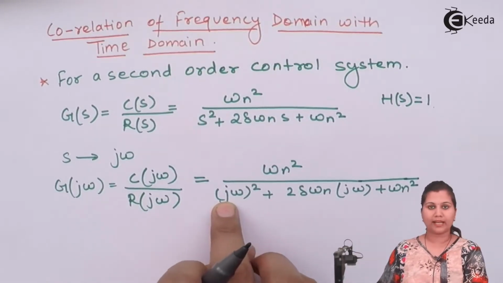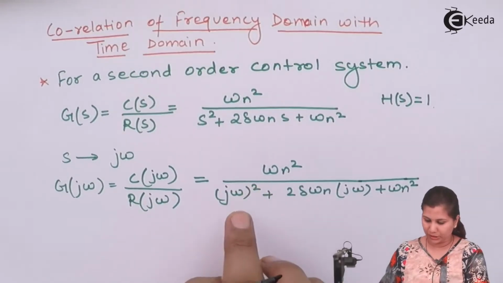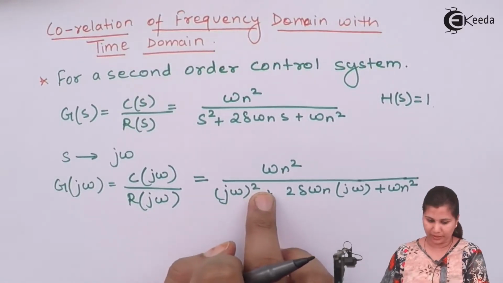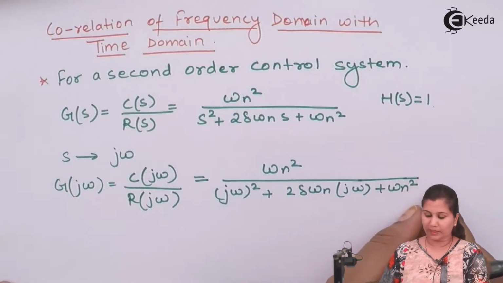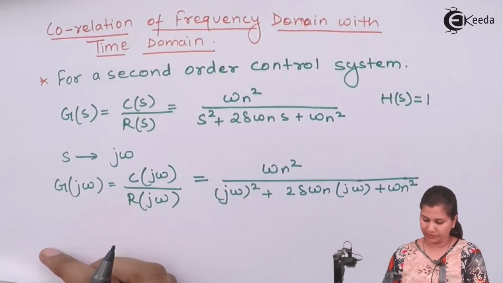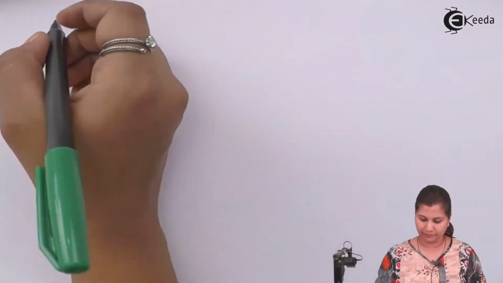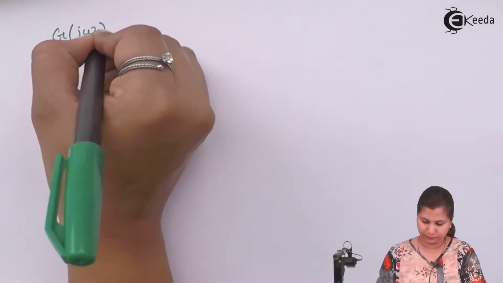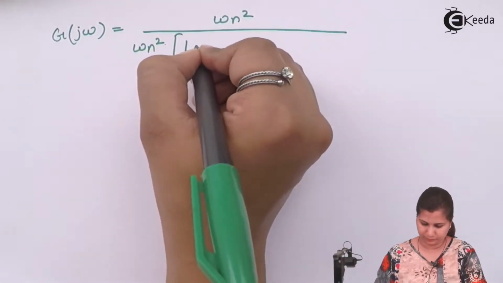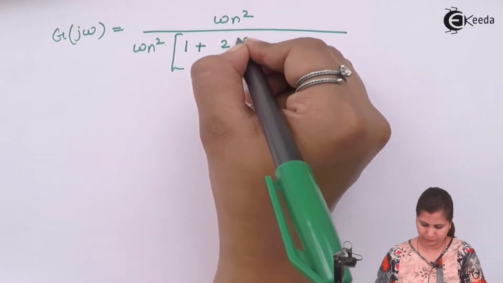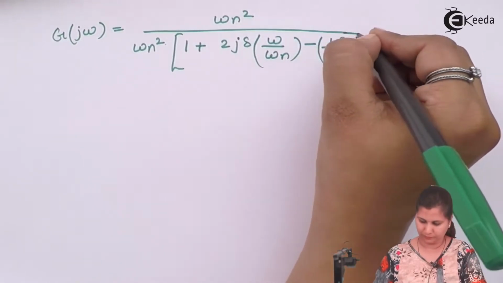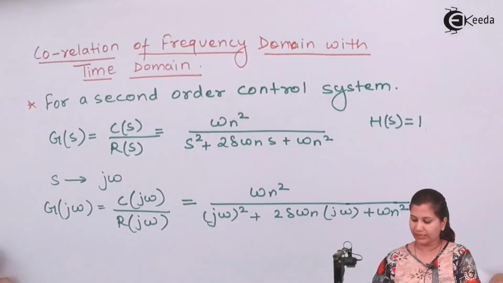Now if we take the square, that is j square omega square, j square is what? Minus 1. So it is minus omega square. Now take omega n square common, and then omega n square will be cancelled from the numerator. So we have taken omega n square common.